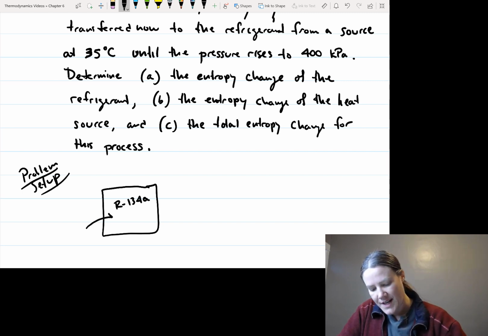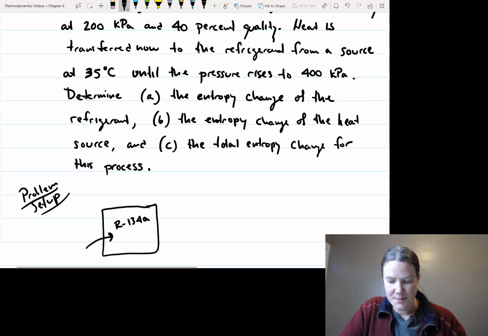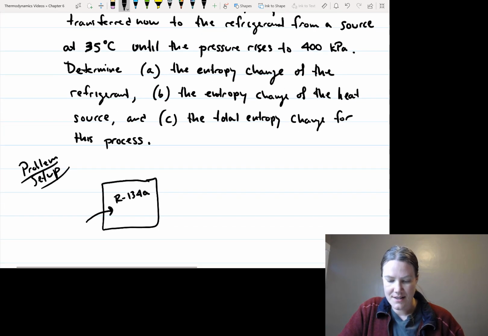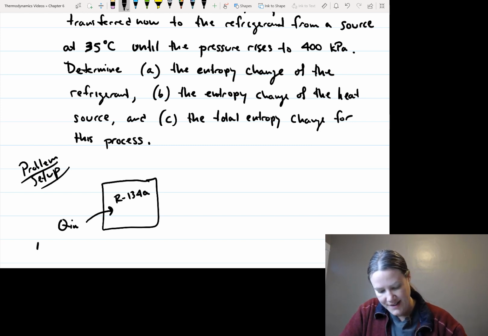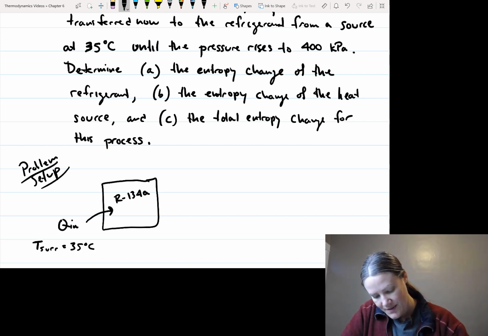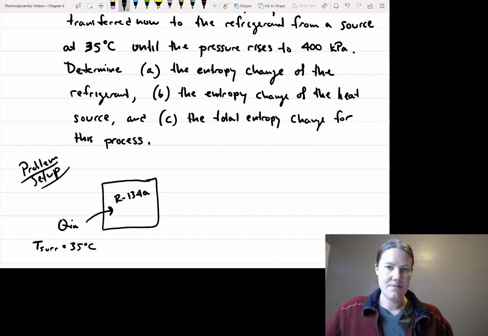We know that heat is being transferred in, so Q in, and then it tells us that our source, so I'm just going to say that's the temperature of the surroundings, is 35 degrees Celsius.